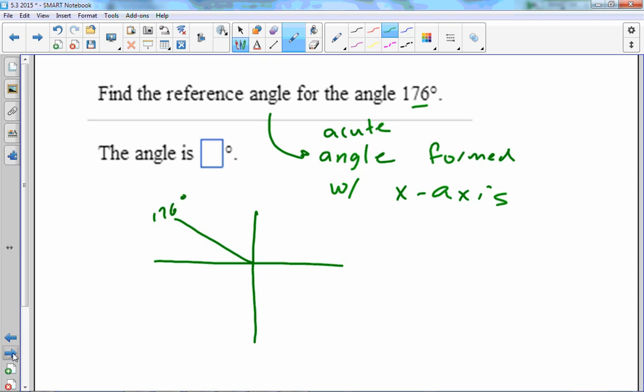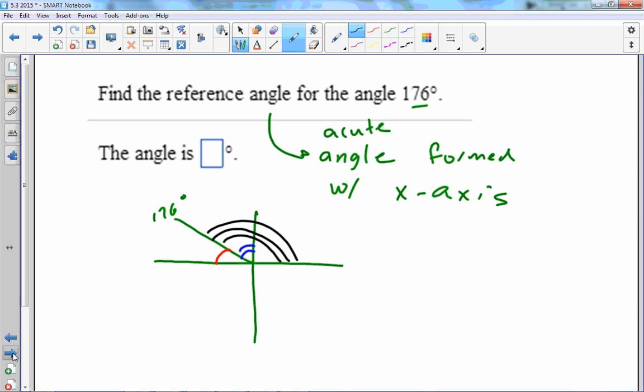That's not too accurate there. It should be closer to the x-axis. Now, the acute angle formed with the x-axis would be that angle, wouldn't it? So what would be incorrect about that one? Yeah, that's with the y-axis. What would be wrong with drawing an angle?